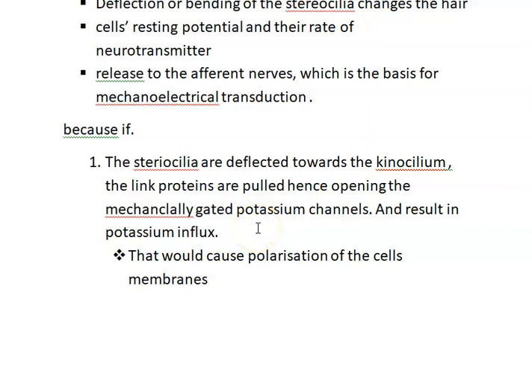And the result is that there will be potassium influx. The potassium that is from the endolymph will get in through these stereocilia and reach the cells, and that would cause depolarization of the hair cells' membranes. Remember in physiology.